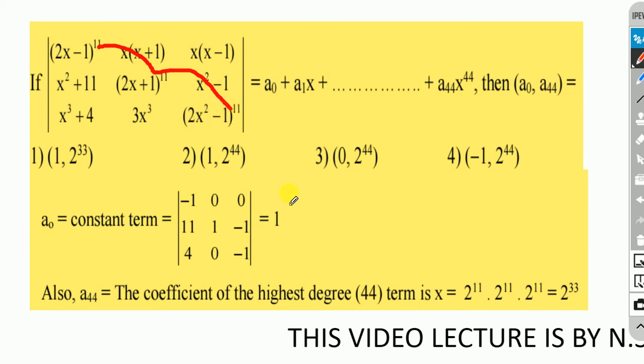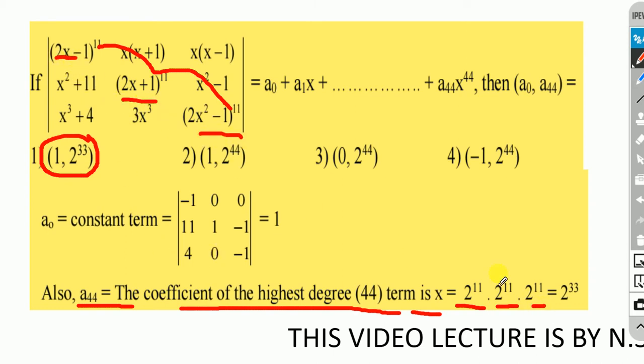So among the given options, 2 to the power of 33 is the right answer, because the coefficient of the highest degree term is 2 to the power of 11 into 2 to the power of 11 into 2 to the power of 11, which is 11 plus 11 plus 11 is 33. That is option 1 is the right answer.